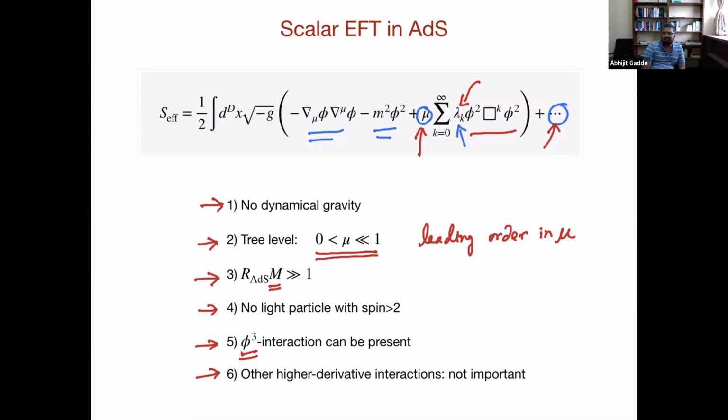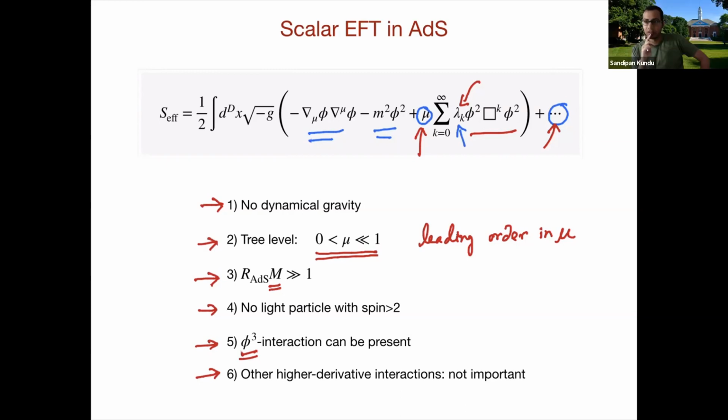So one way of saying what you're saying: when you integrate out just the massive particles, the interactions of phi that you generate have a very small coupling constant in front of them. That's right. If you have phi to the 7, it will have a very small coefficient in front of it, and then the resulting quantum terms would have this extra mu in front of them.